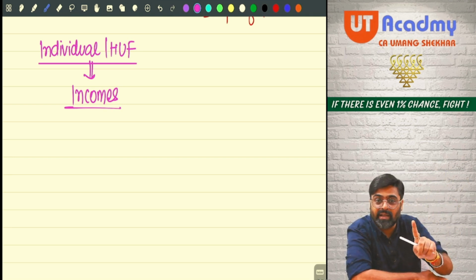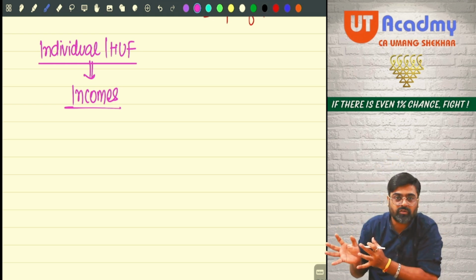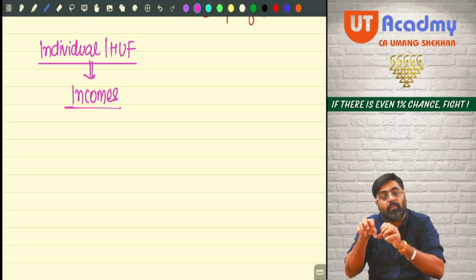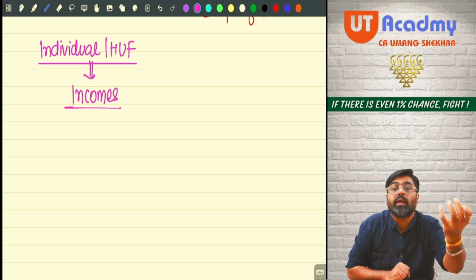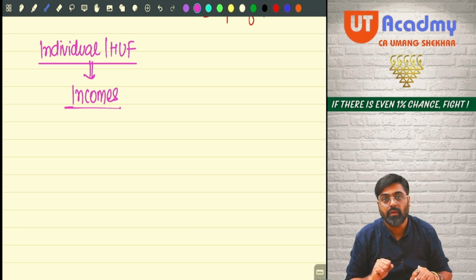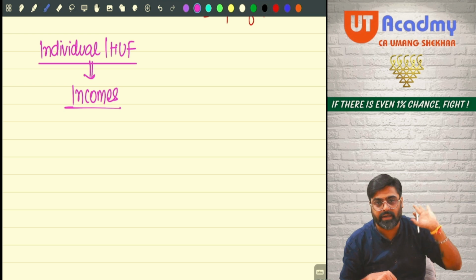But first of all, understand whatever incomes you are earning during the year from various sources which are taxable incomes, these taxable incomes from different sources, either those incomes will be Indian incomes or those incomes will be foreign incomes. Sir, how to identify that it is an Indian income or a foreign income? We will discuss later.